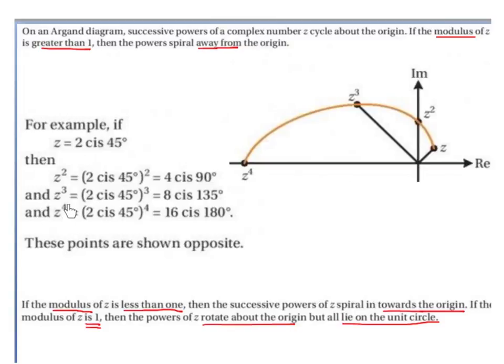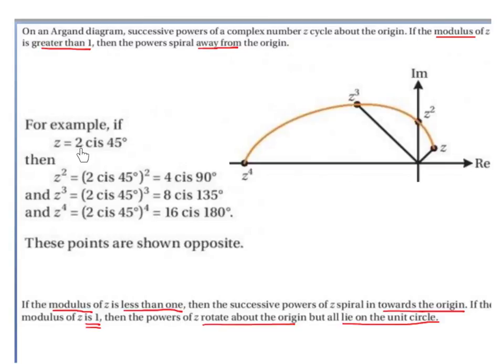And z to the power of 4 is (2 cis 45°) to the power of 4, which is 16 cis 180°, because 45 times 4 is 180 degrees, and 2 to the power of 4 is 16. These points are shown opposite.